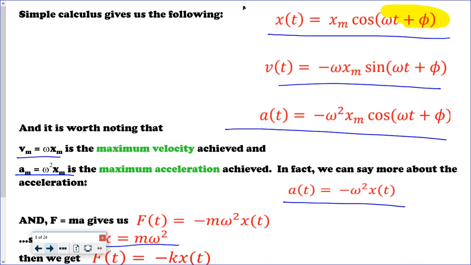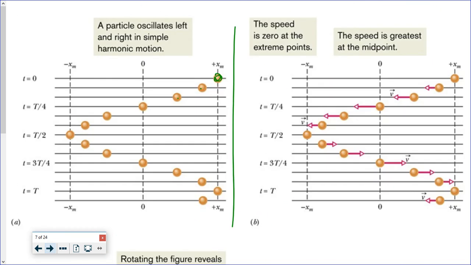The big thing I want to make sure you understand is that the changes in your velocity are somewhat predictable. Because look, at your endpoints, the object stops. So over here, the velocity is 0. As it goes this way, it speeds up. At the equilibrium point, it hits its maximum velocity.